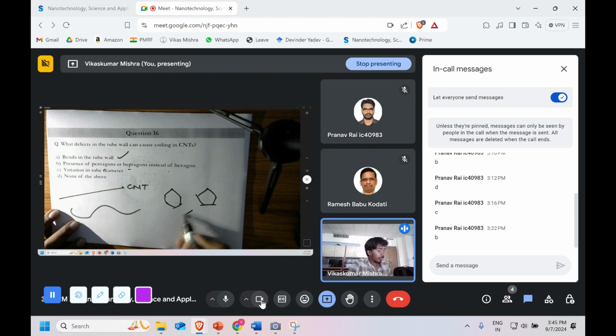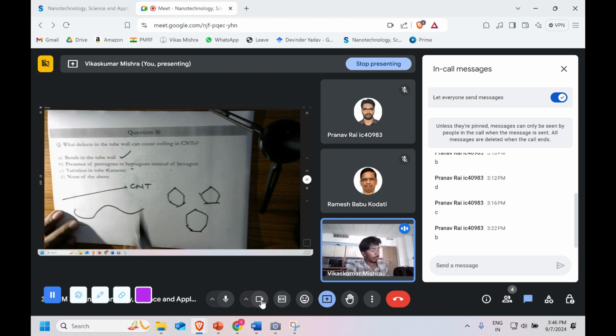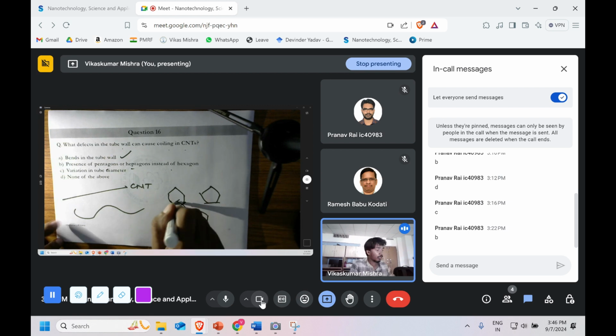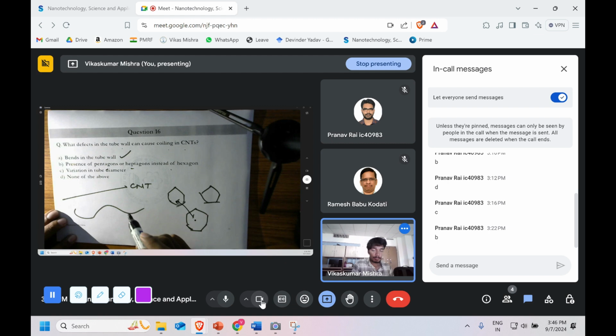So if pentagons or heptagons are present instead of the hexagons, what will happen? These are a kind of defect. We cannot keep the pentagon and heptagon in the plane.